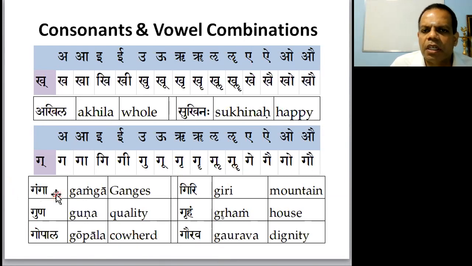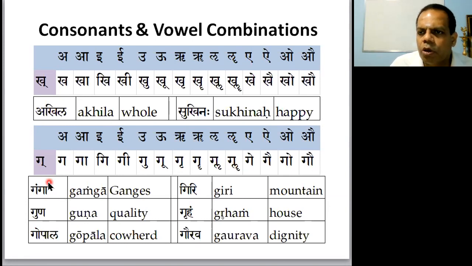The first one is Ganga. I've written Anuswara, which is the dot at the top, instead of the full letter because it's simpler to write, since it becomes a compound consonant. So I left it out for now.